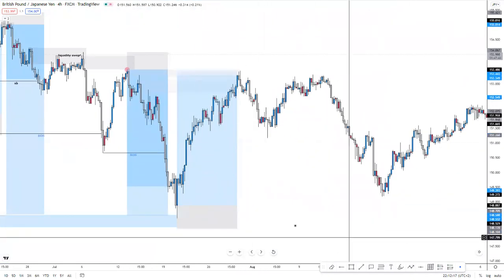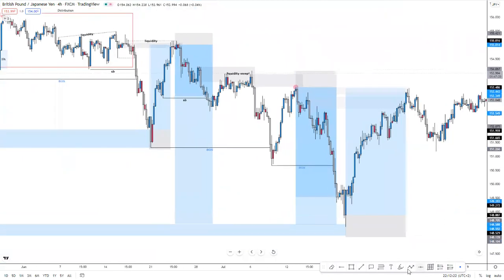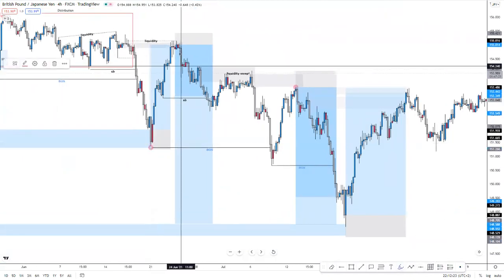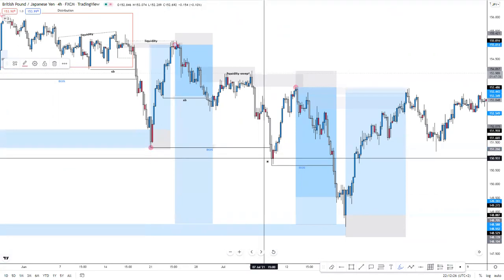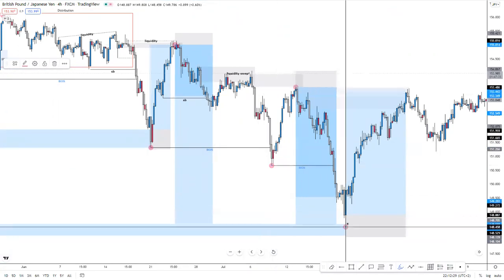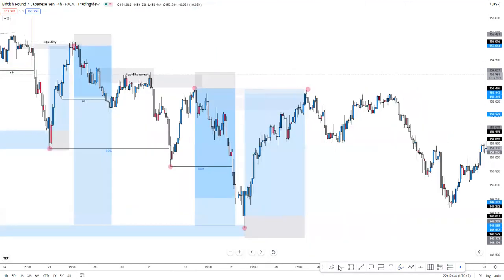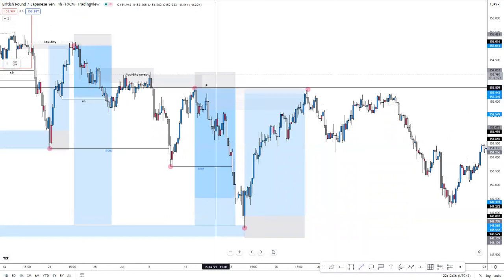From there, guys, you must remember we're still printing, right? Remember, structure is very important. So we've got the lower low, lower high, lower low, lower high, lower low, right? Now we come through with equal highs, which is basically liquidity.